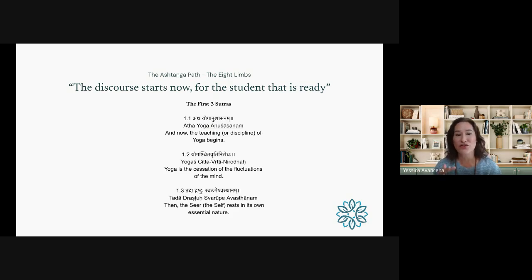This is the first opening pada, which is the chapter, and these are the first three sutras. Lots to process there. It could be very, very simple, but also very, very deep and wide.